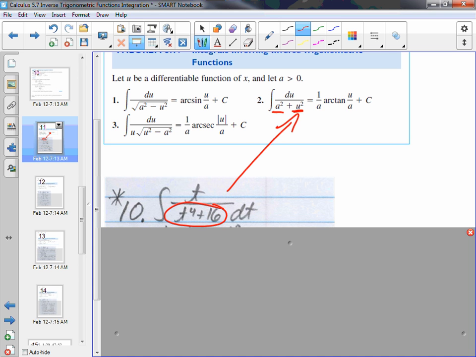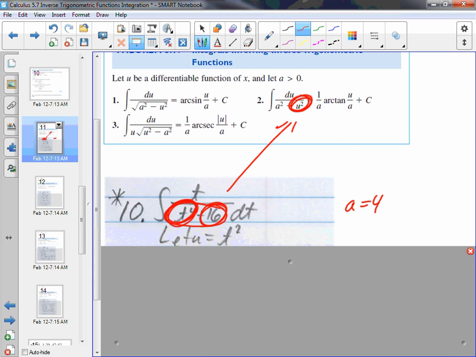So keeping that in mind, the a squared is our 16. Well, if a squared equals 16, what's a? Okay? And then the u squared is our t to the fourth. If u squared is t to the fourth, what's u?